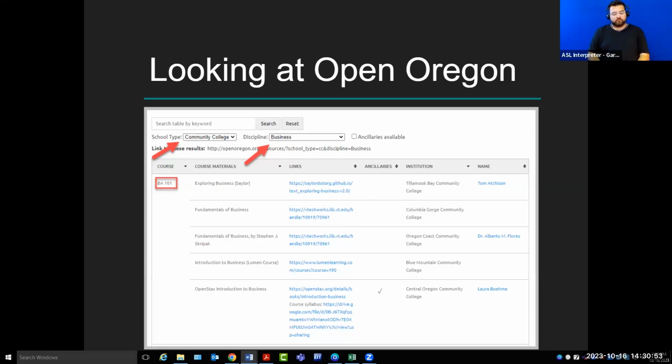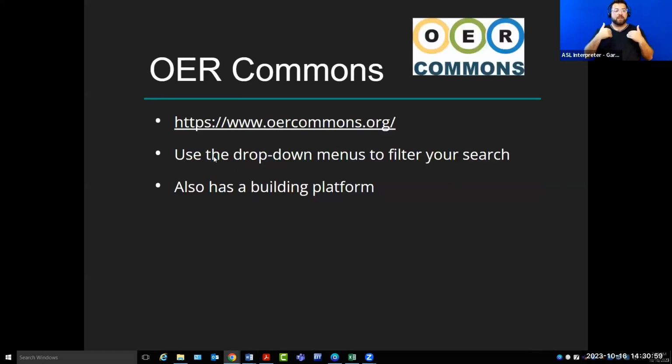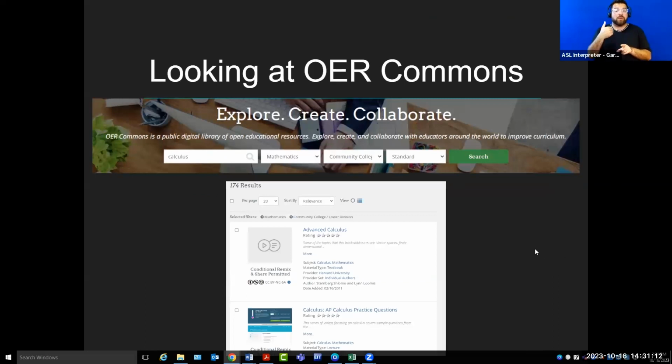Okay. Then we've got OER Commons. So OER Commons, the best way to use this one is by using the drop-down menu. And it also has a building platform. But I think because we have Canvas as our building platform, I don't know that we necessarily need to use that.